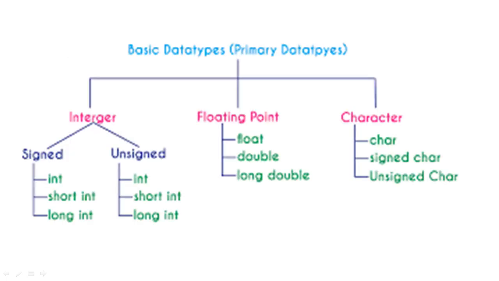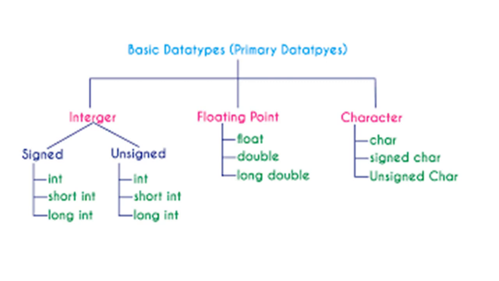See this one: basic data types, primary data types. Integer: signed, unsigned; int, short int, long int. Floating: float, double, long double. Character: char, signed char, unsigned char.